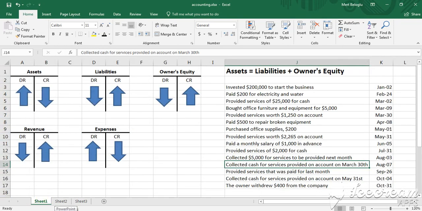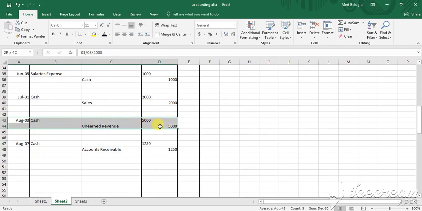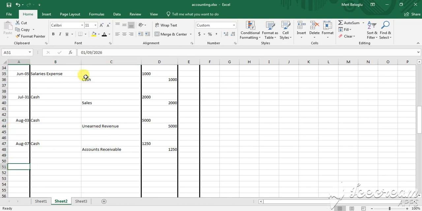Our next transaction occurs on September 26th. Provided services that were paid for last month. So if we go back to last month, we have an unearned revenue from August 3rd. And we already collected the cash, and we are now eligible to recognize the sale because we just provided the services.